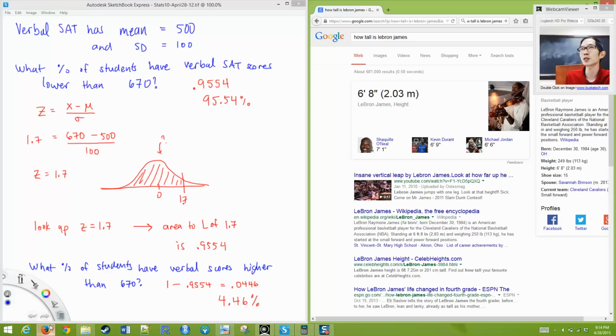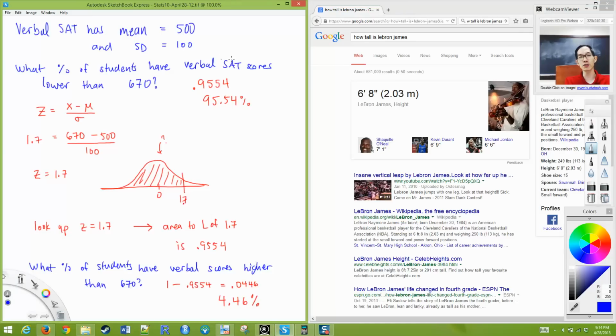Who's the tallest player in the NBA? Let's ask. Tallest player in the NBA. Oh look, somebody else already asked that question. This is not the answer I'm looking for. List of tallest players in the NBA. It said it right there.